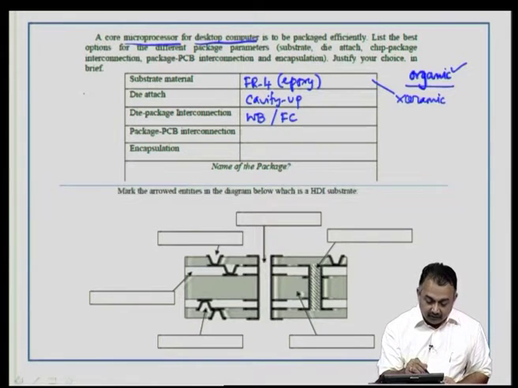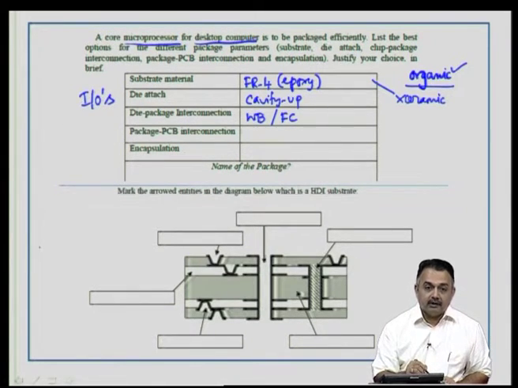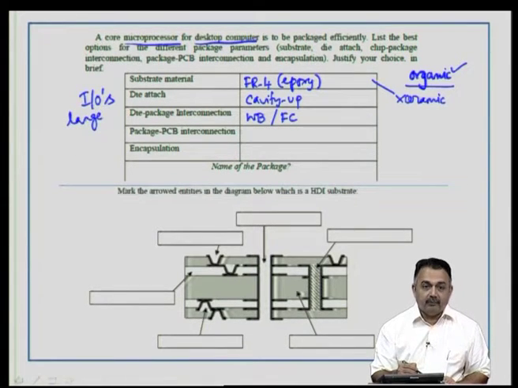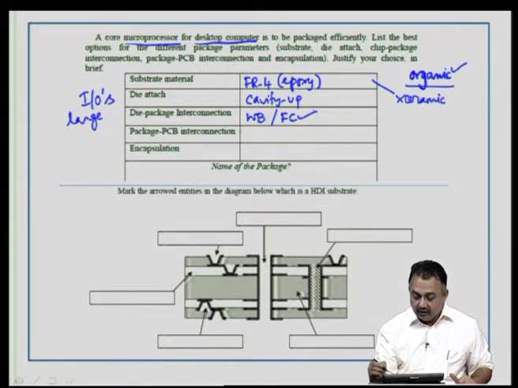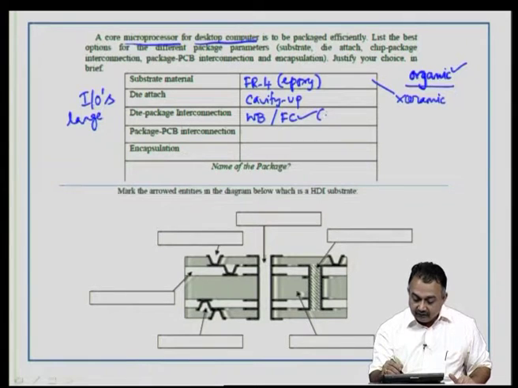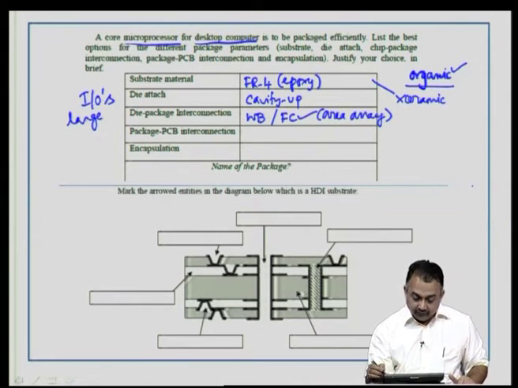So, the important thing to take care of here is that the number of IOs in this particular microprocessor is going to be large. So, you have to choose a die to package interconnection where you will get a large number of IOs. Wire bond has got limitations. Therefore, the obvious choice will be using a flip chip, because it offers area array type of interconnect.